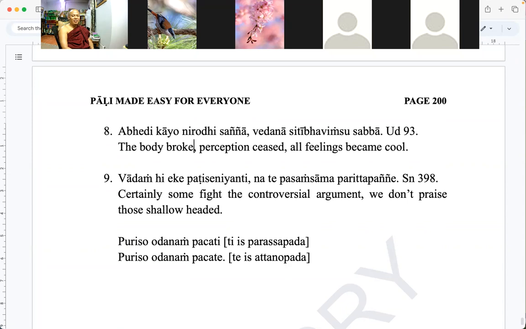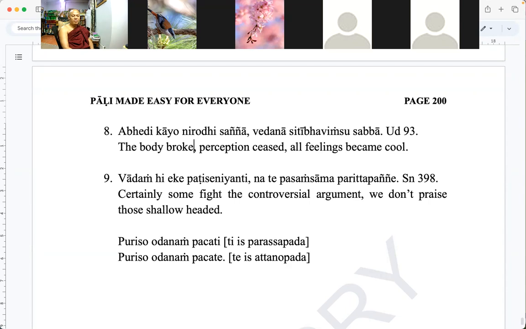So, for some situations, Bante, the subject is not yet clearly mentioned, but we can add it to understand it more clearly. For example, number 9, certainly some fights, the controversies or the arguments.